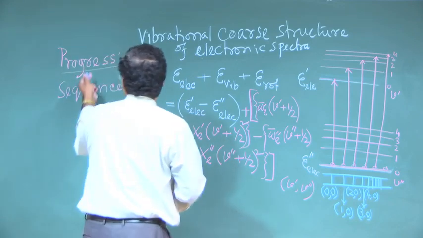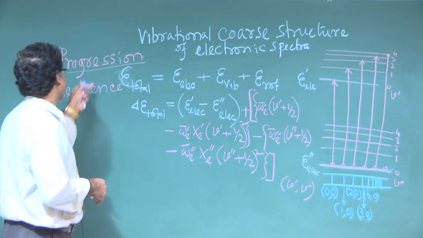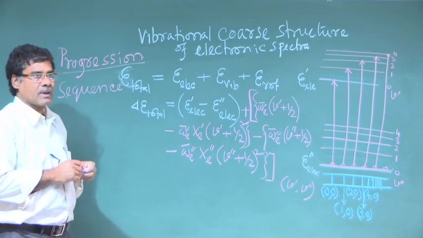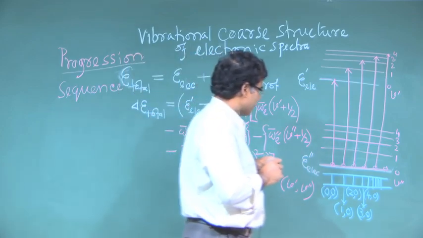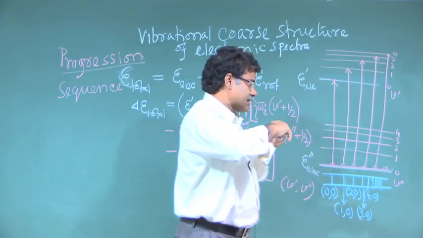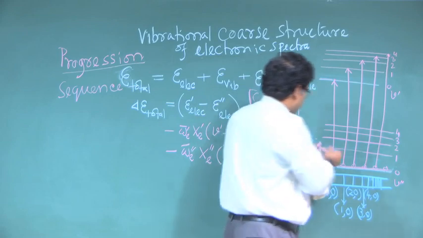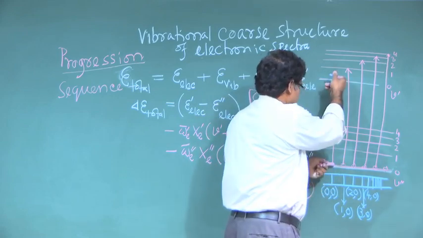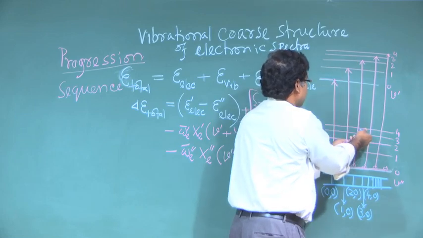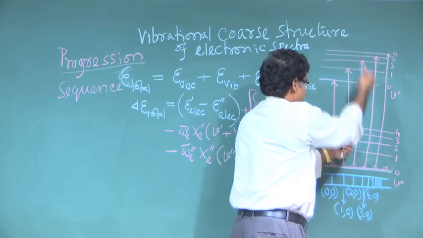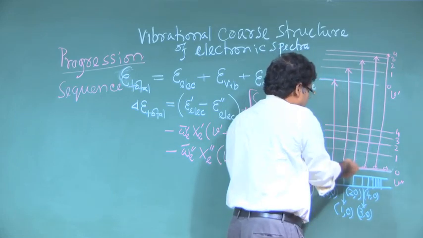And another type, as I told, is called sequence. Basically it's like this: here to here, then here to here, then here to here, as a sequence.